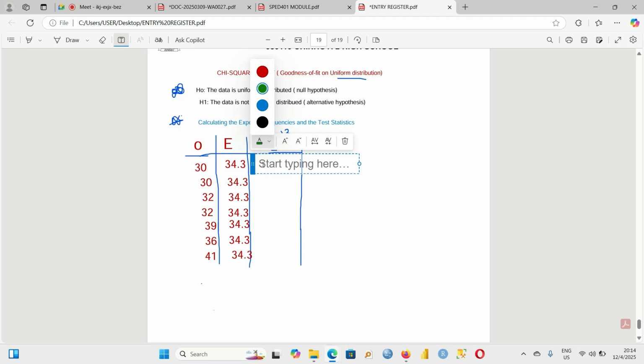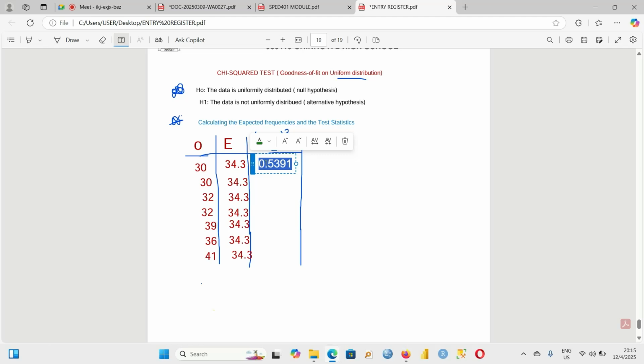I square the answer. The answer I divide by 34.3. If you can verify to 4 decimal places, I'm getting 0.5391.